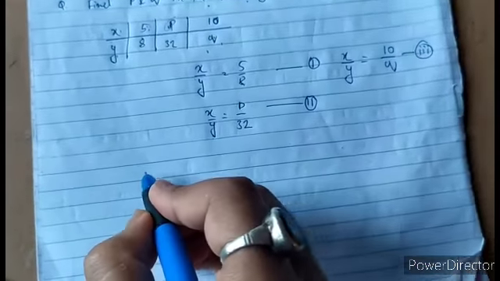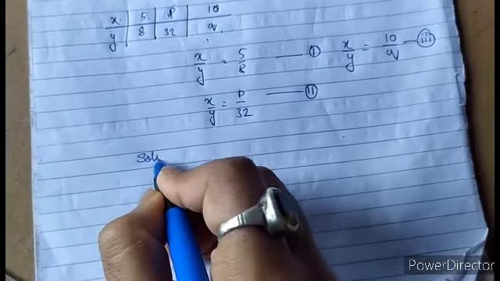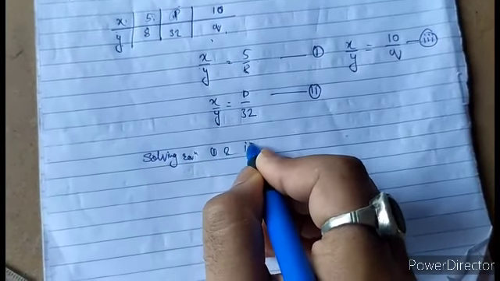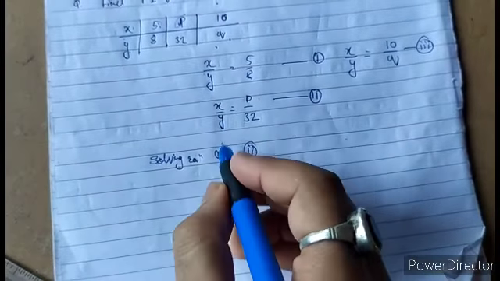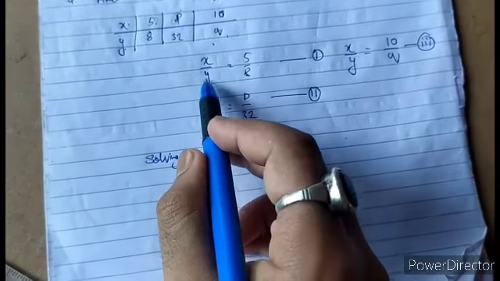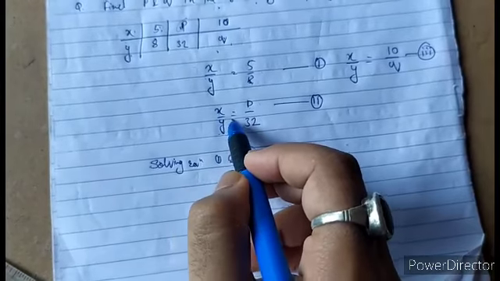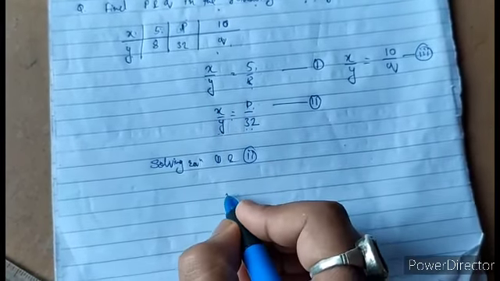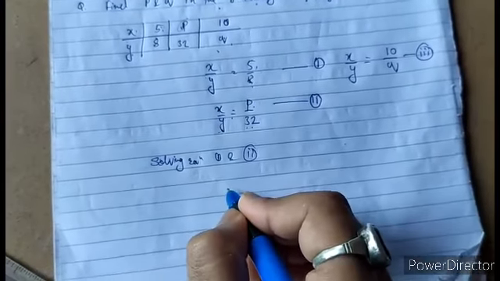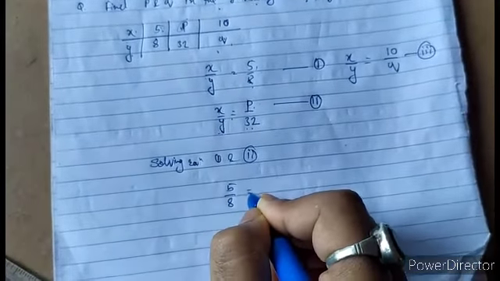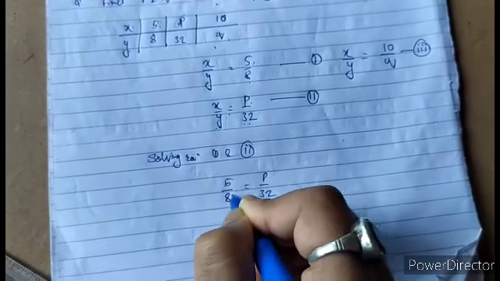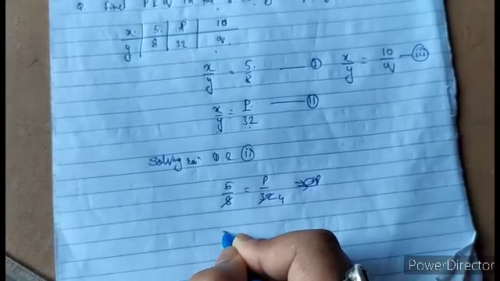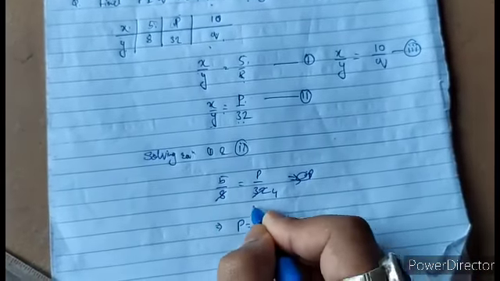Now, solving equations 1 and 2: if x by y equals 5 by 8 and x by y equals p by 32, then 5 by 8 will be equal to p by 32. Solving, p equals 20.